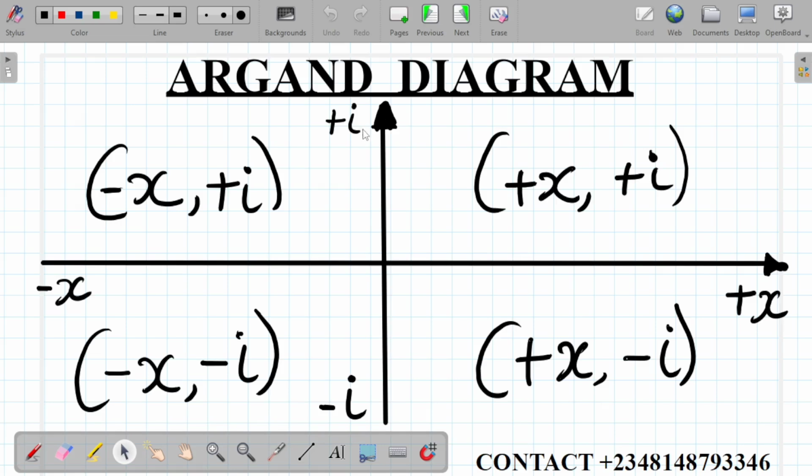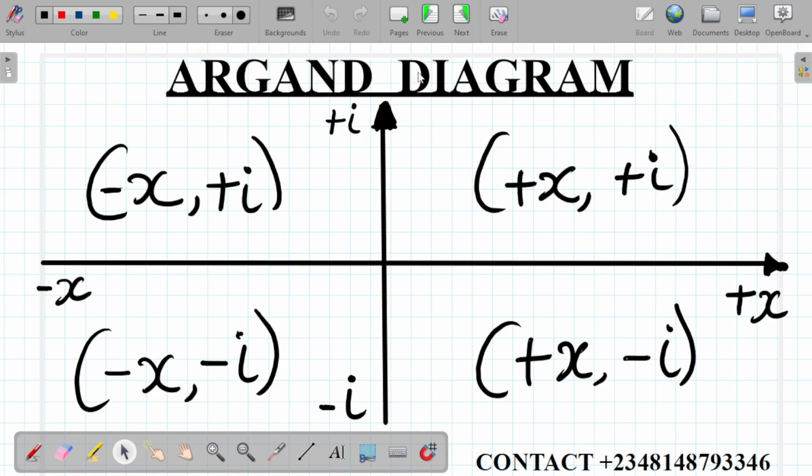The vertical axis is the imaginary part, which is I, and the horizontal axis is the real part, which is x. We have positive x at the right hand side and negative x at the left hand side. And for the vertical side, we have positive I at the top and negative I at the bottom.